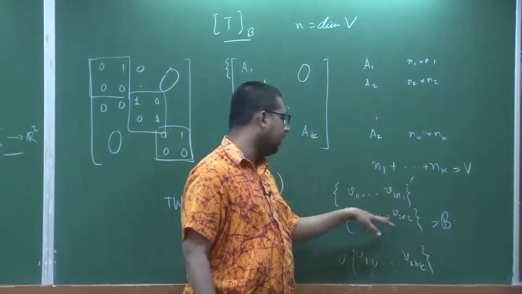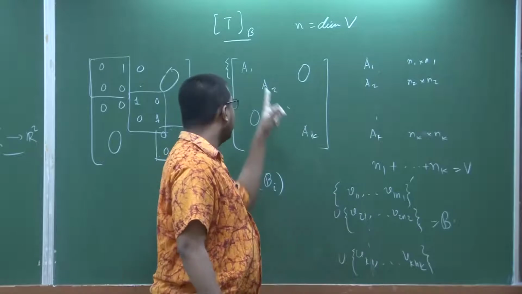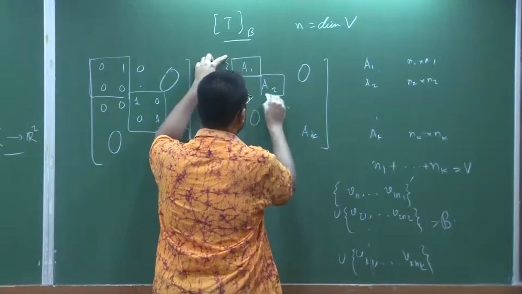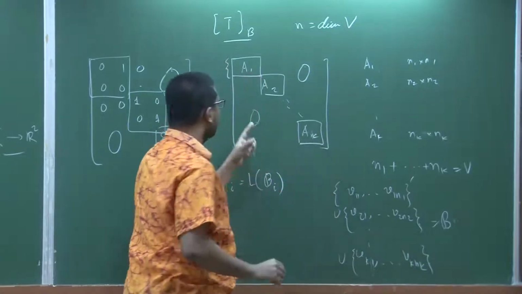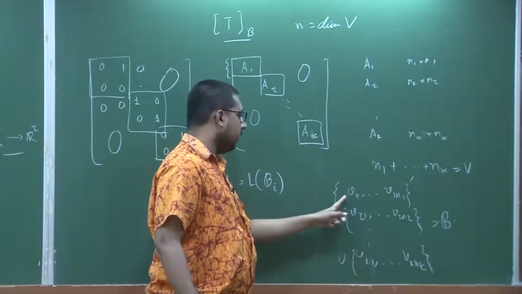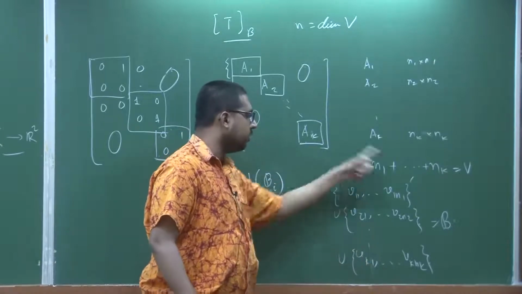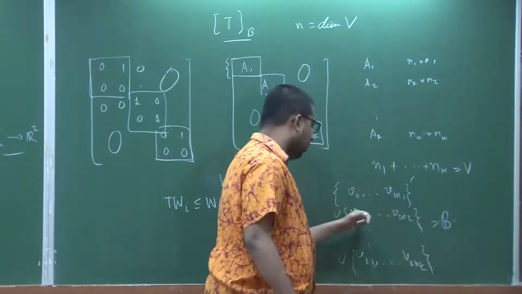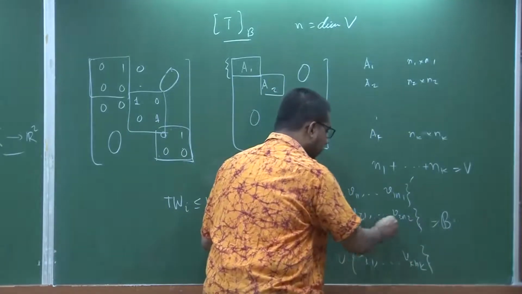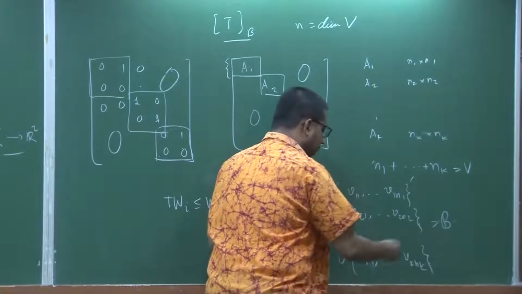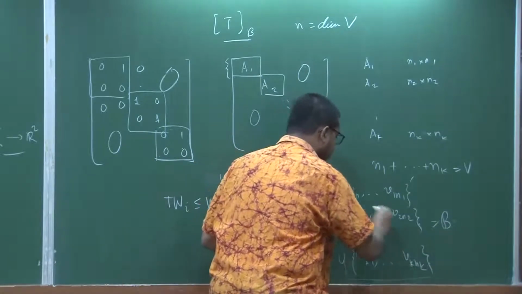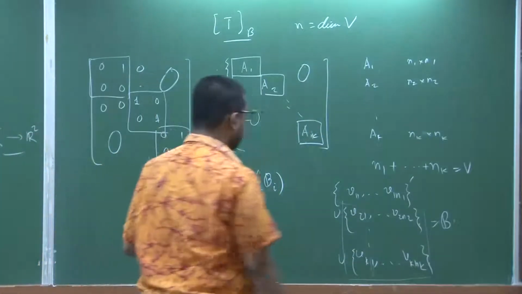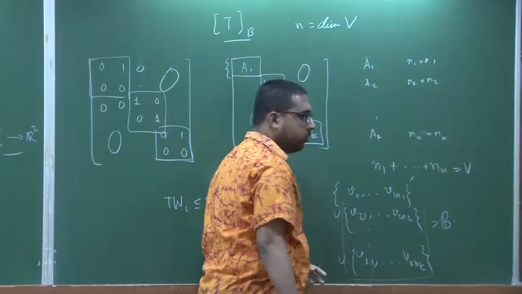Once I apply T on them, try to see: when I write T V1 as a combination of the basis elements in B, all the coefficients of V21 up to V2n2, and going further, all the coefficients of these vectors will vanish.